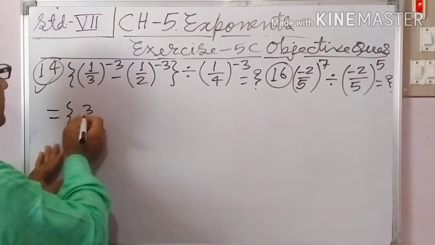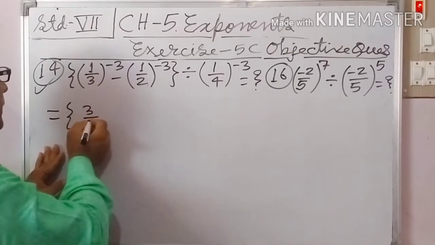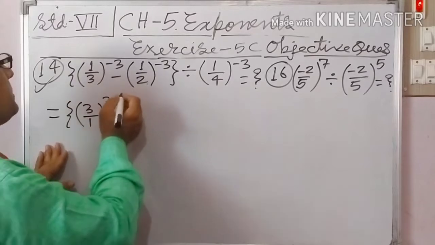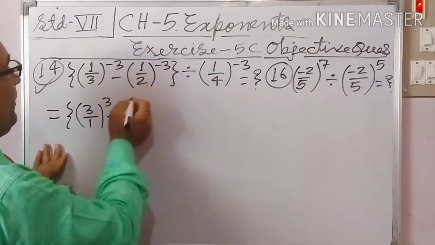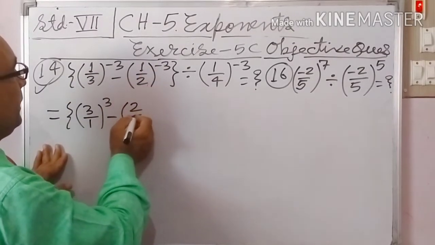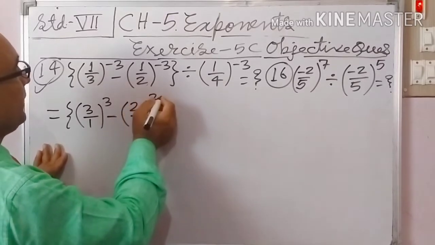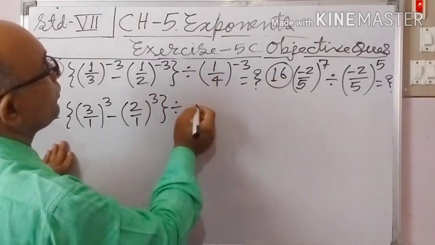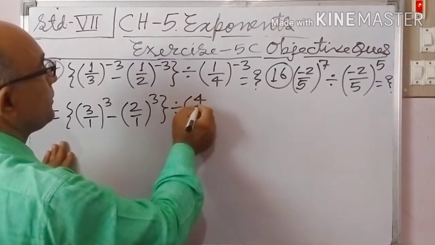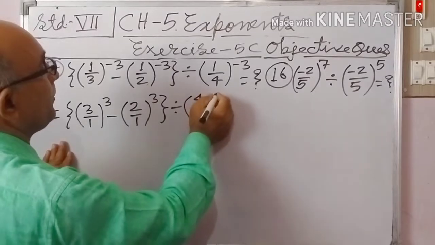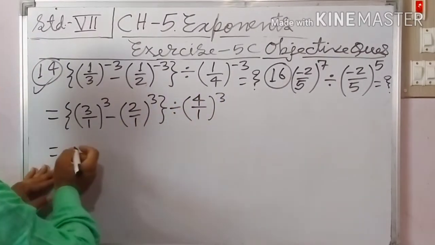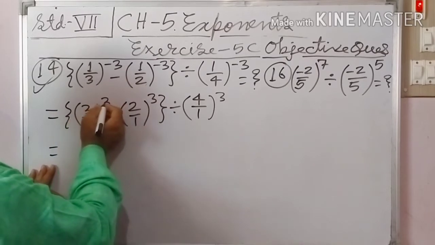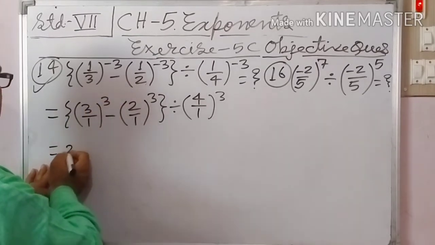So 3 by 1 to the power 3 minus 2 by 1 to the power 3, divided by 4 by 1 to the power 3. Next step is 3 to the power 3: 3 threes are 9, 9 threes are 27.